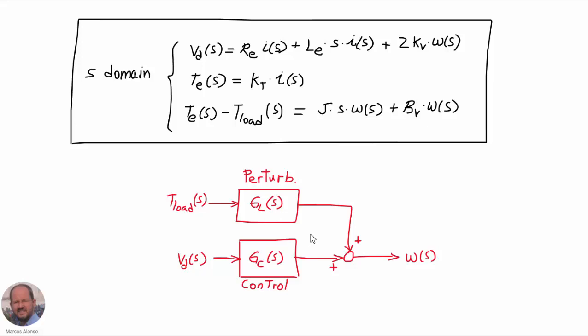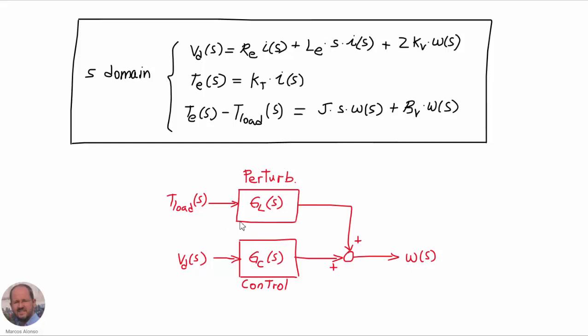So we can distinguish mainly two transfer functions. We have transfer function GC, which we can consider the control transfer function. The input is the voltage VD, and it is going to affect the angular speed of the motor.